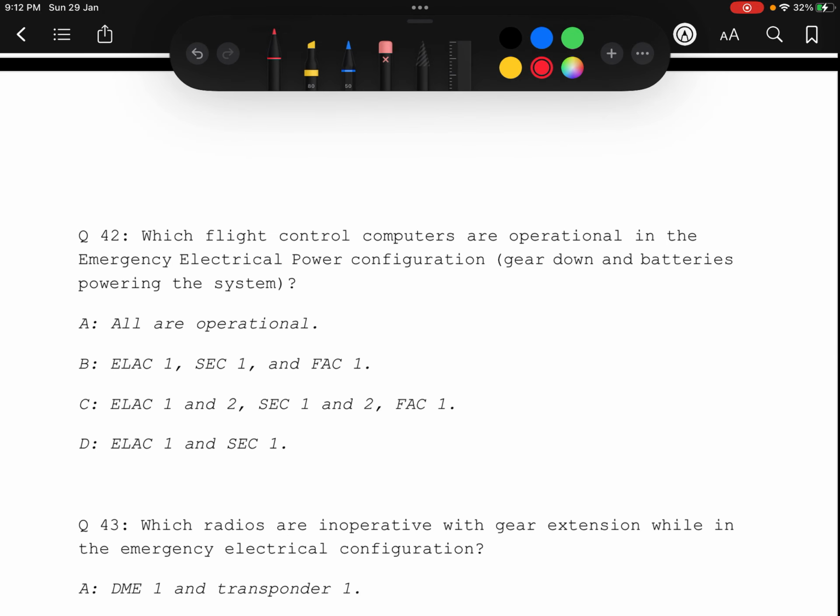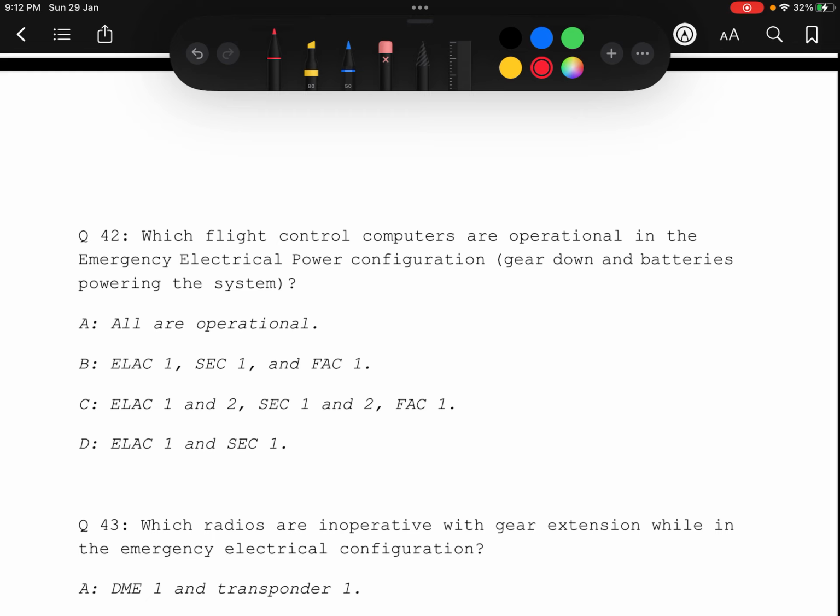The next question: which flight control computers are operational in the emergency electrical power configuration, gear down, and batteries are the only source of power? So where will you find this information? First of all, the question comes here.